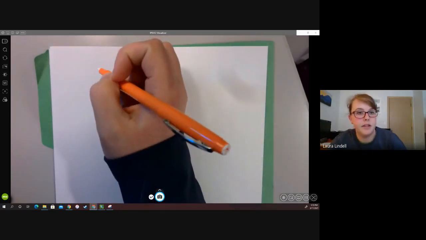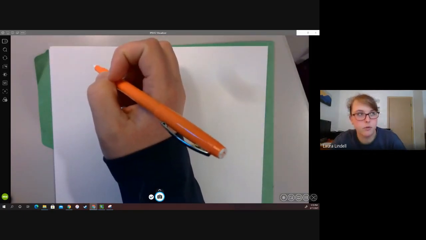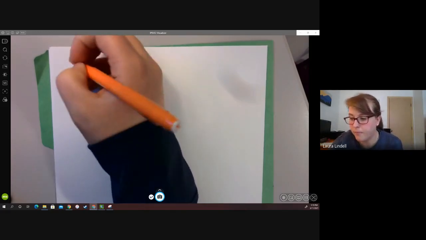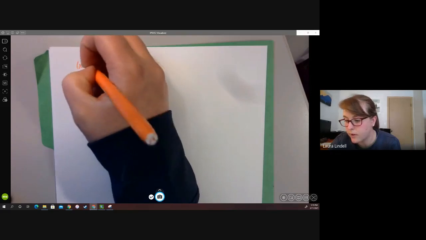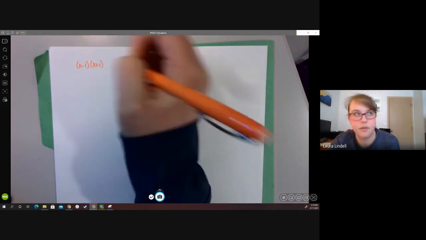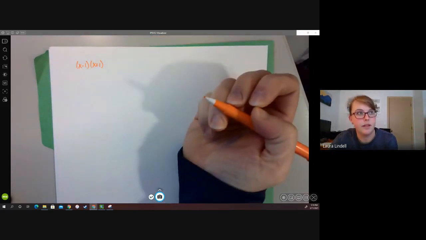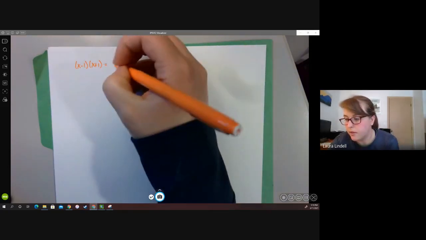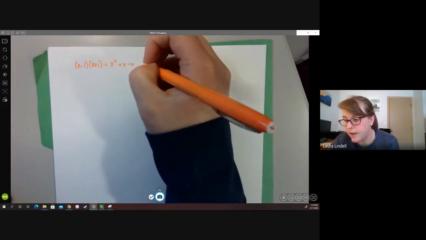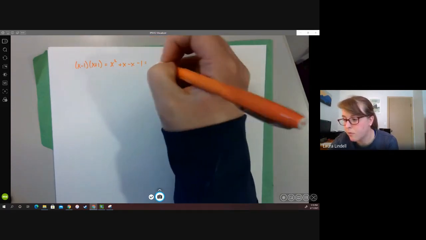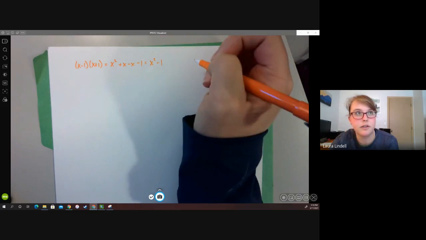So you guys have seen foiling or double distributing with typical things like x minus 1 times x plus 1, that sort of thing, right? We've seen this. You end up with x squared plus x minus x minus 1, which then gives you x squared minus 1.